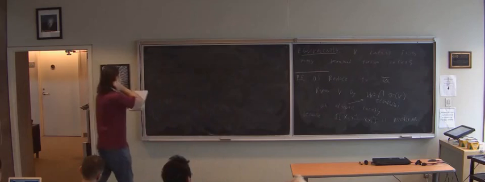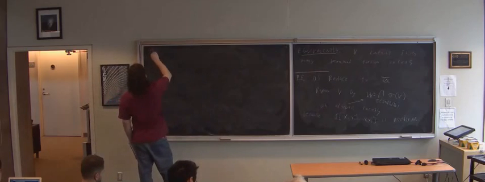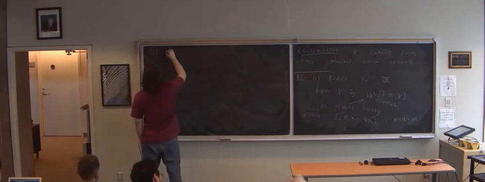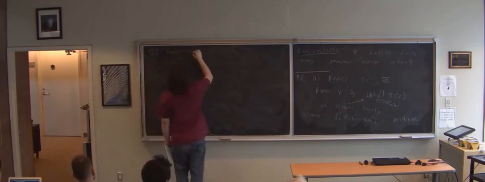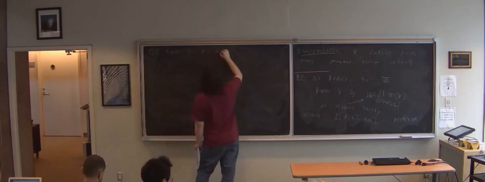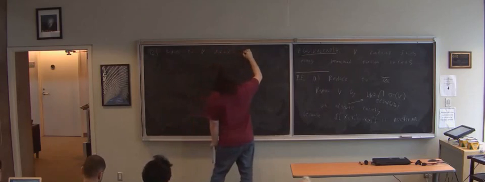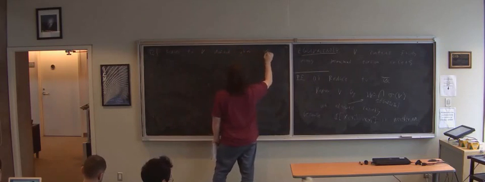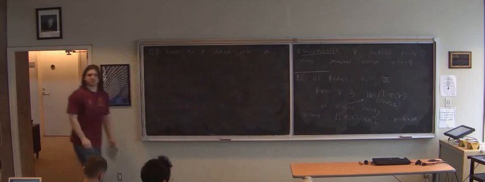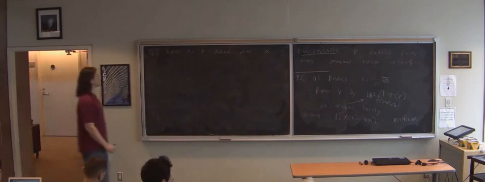Okay, so the second step, like before, is reduce to V defined over Q. Like before, it's not strictly necessary, but it will make the equidistribution step a lot simpler.